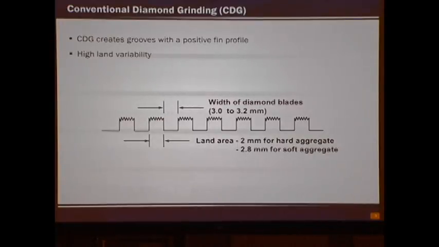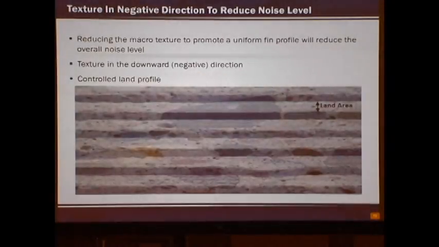The land area, what you see on the top, it's kind of jagged. Now that jaggedness is the positive fins. That's what you create with the positive fins. The high land variability is what we want to reduce and prevent, and that's the purpose of the next generation.